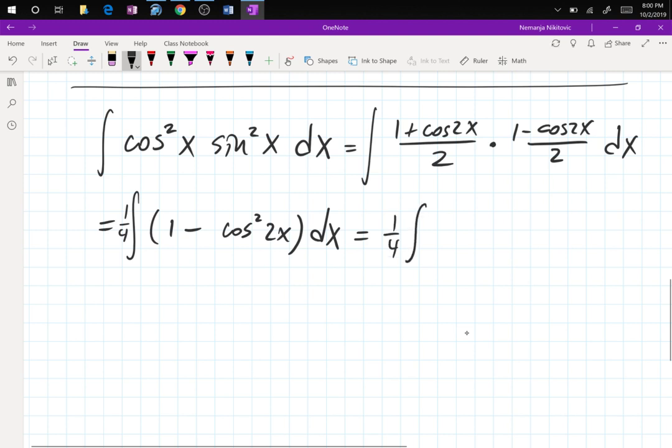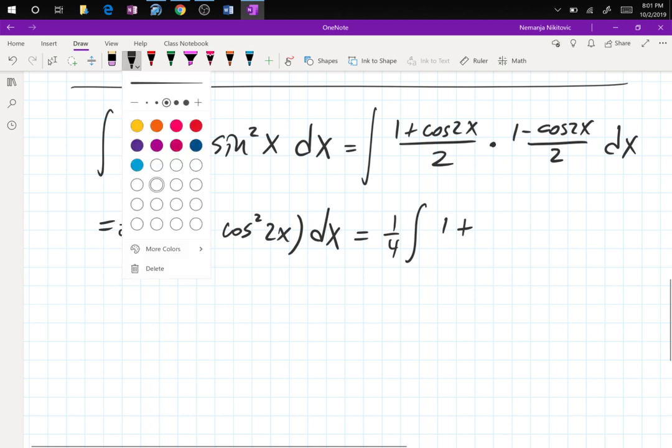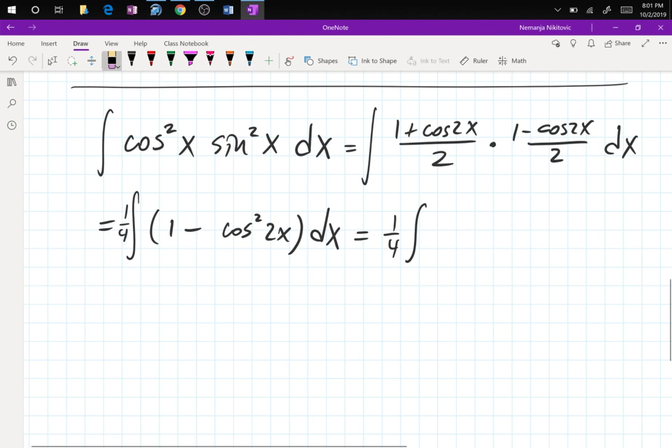So 1/4 integral of 1 minus, and now for cosine squared we have 1 plus cosine 4x this time, because we are starting with 2x. Every time you use the formula, it doubles the original angle argument. So we started with x, used the formula, became 2x. Now we are using the power reducing formula on 2x, it becomes 4x.